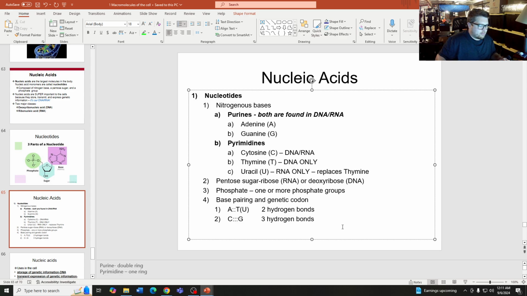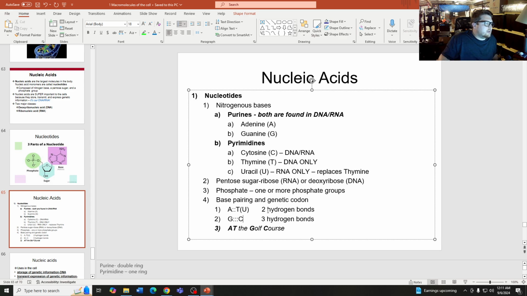The way to remember this, the mnemonic, is at the golf course. So A binds with T, G binds with C. Adenine always binds to the thymine, and the cytosine always binds with the guanine.